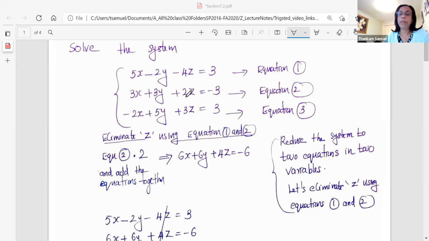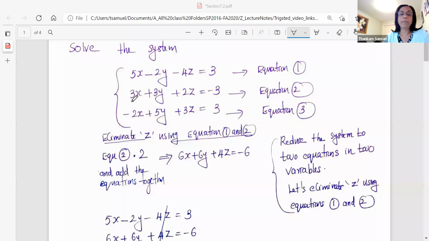So to eliminate z, we need to make the numerical coefficients of z equal and opposite, or in other words, we can say we need to make these terms additive inverses. So to eliminate z, multiply the second equation by 2.